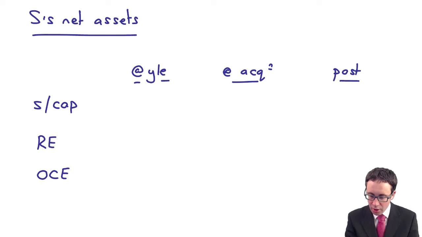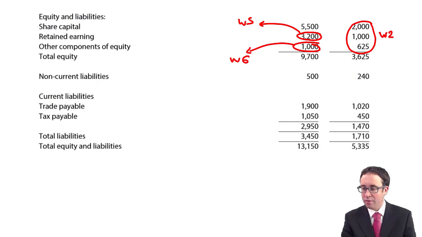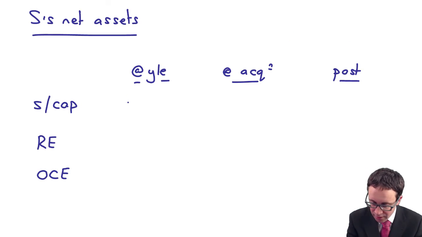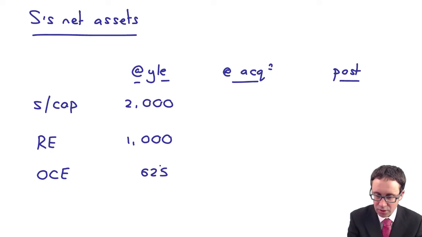And what we can do is copy those down from S's statement of financial position at the reporting date. So 2,000, 1,000, and 625. 2,000, 1,000, 625.